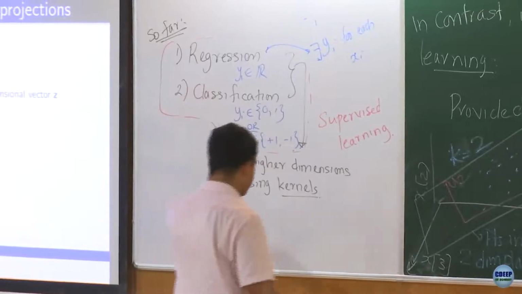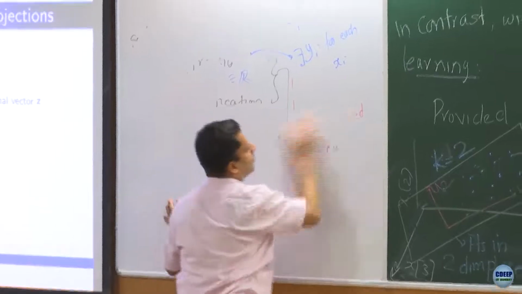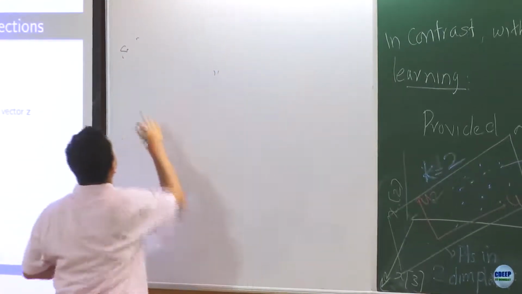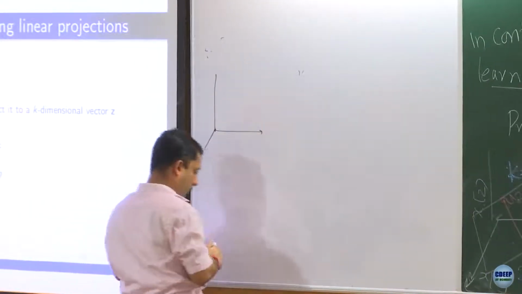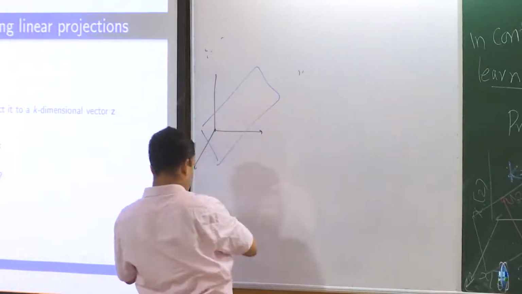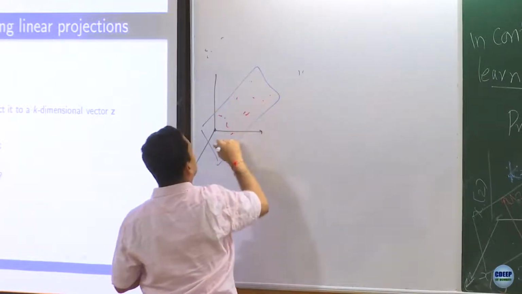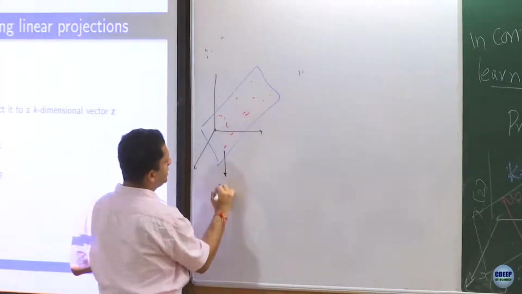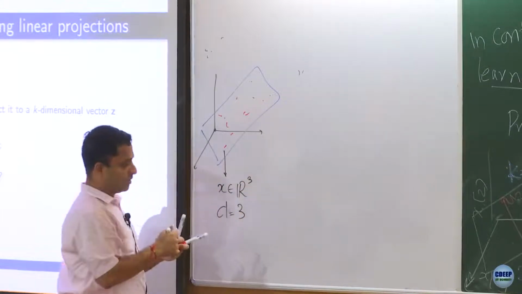Again, I am summarizing this here. In my original 3-dimensional space, I had these points nicely lying on some hyperplane. Here the points x were in R3, d was equal to 3.